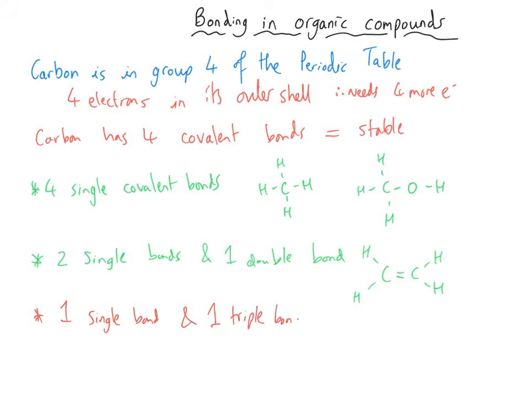And this is much rarer, and you're likely to come across it in only a few places in A-level chemistry. An example of that is this molecule here, which is ethyne. And you can see that we've got 1, 2, 3, 4 bonds for the carbon on the left, and it's the same for the carbon on the right.